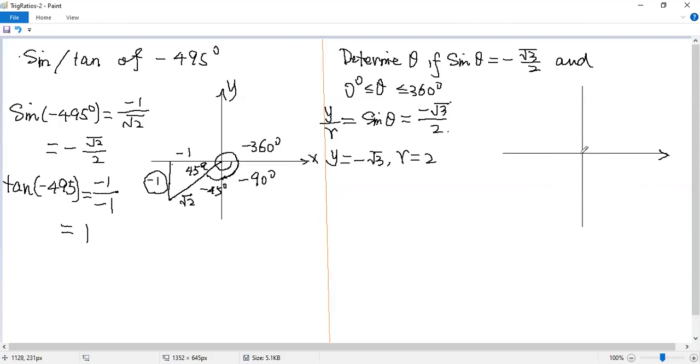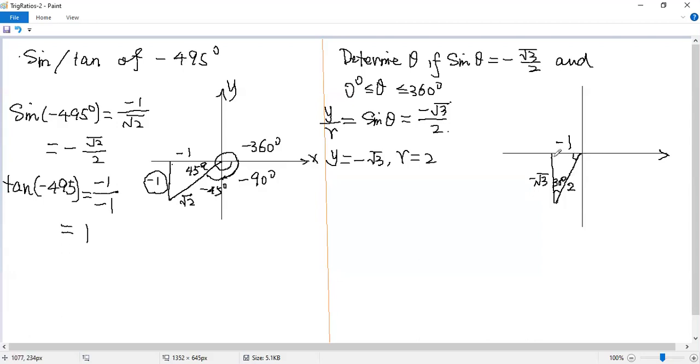If it is in quadrant 3, the reference triangle would look like this one. So here's negative square root of 3, 2, and here's negative 1. So the angle corresponding to 1 or negative 1 is 30 degrees.